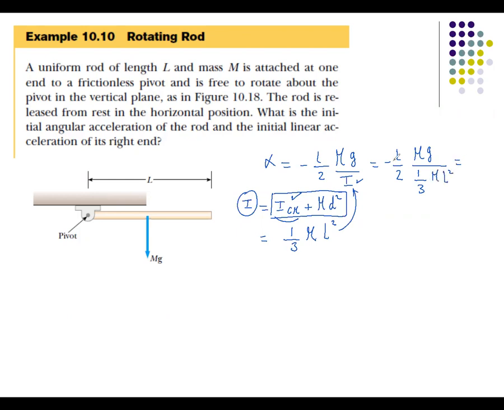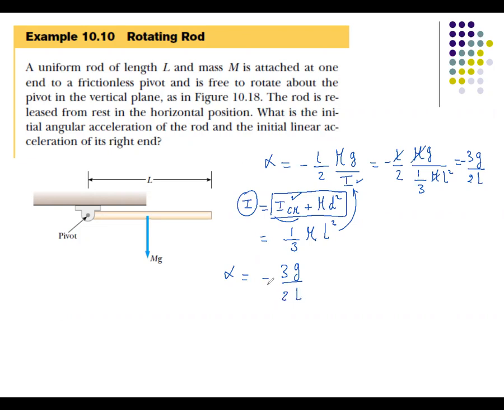We can cancel L and L, M and M. We get finally alpha equals minus 3G divided by 2L.